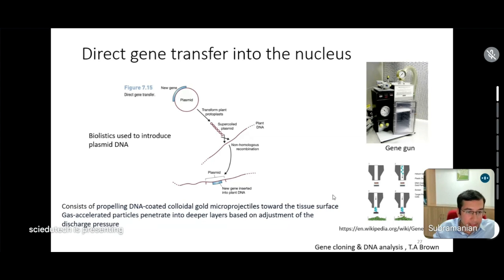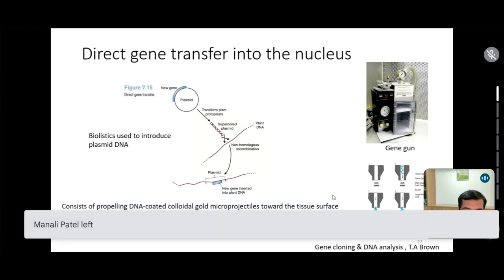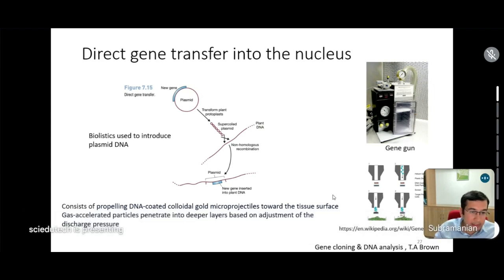You coat DNA with microprojectiles, which are small particles of gold or tungsten, and then you accelerate these particles using a gas accelerator to penetrate the deeper layers of plant tissue.